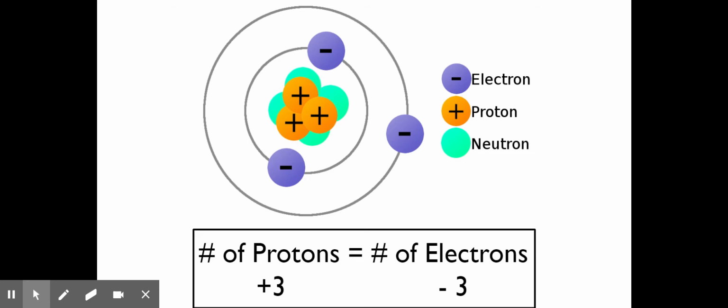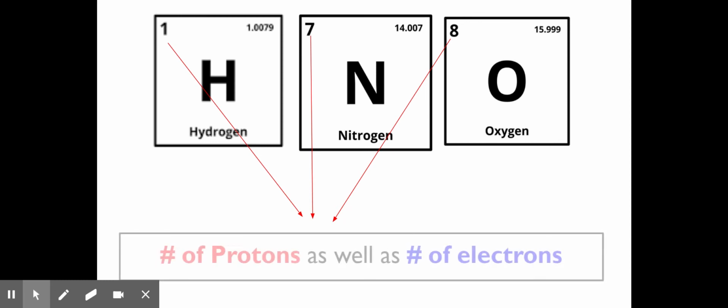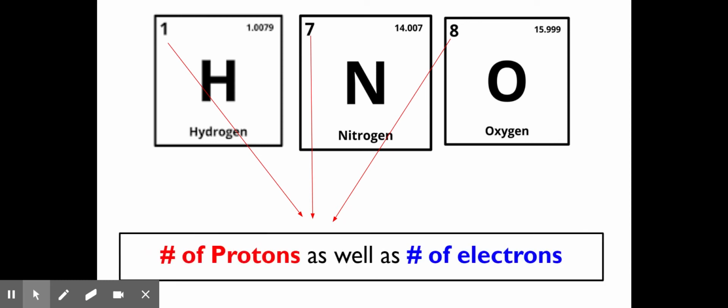You can find number 3 in the periodic table, which tells us it's lithium. Since the number of protons also equals the number of electrons, we can say those numbers, like 1 for hydrogen, 7 for nitrogen, and 8 for oxygen, can also tell us the number of electrons. So it tells us the number of protons as well as the number of electrons. And the number of protons determines the element.